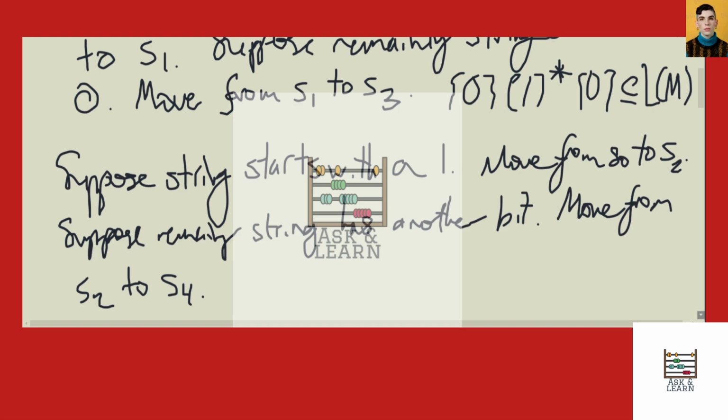We see that S4 is an end state, and we see that no matter what we choose at S4, including the empty string as an input, we're always going to end up right back at S4. And so it follows that we're going to remain at S4.